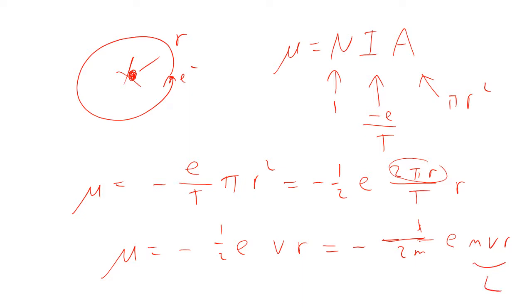And so we could then say that the magnetic moment here is going to be equal to minus e over 2m times the angular momentum of the electron. Okay. So that would give you the magnetic moment of this.